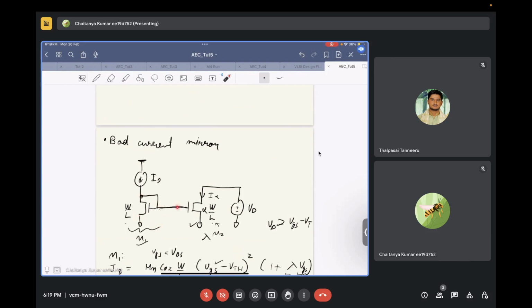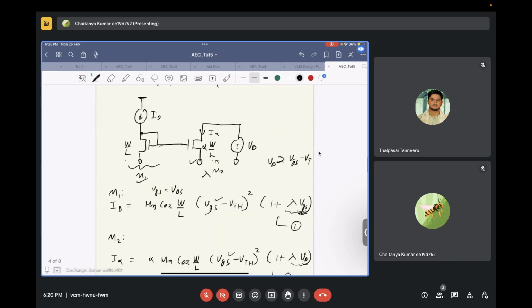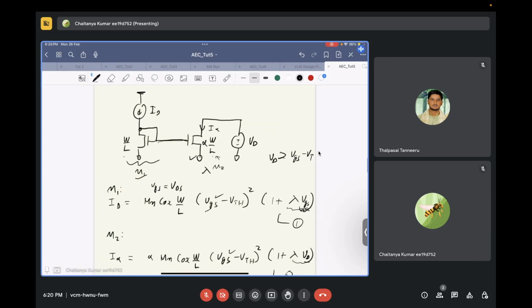So even if you make the VGS of these two transistors the same, your VDS, depending on where this particular circuit is placed, can be different. So you can have different current, you can have error in current copying. And this is basically the non-ideality in a current mirror. So how were we looking at it?